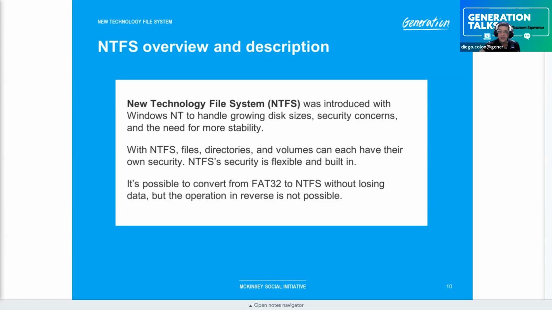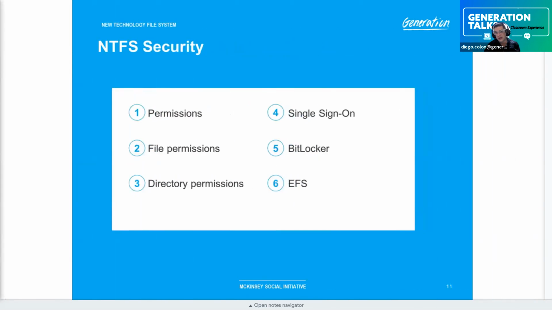Encryption was one of the features that allowed it to go even further. The capabilities that came out further also included single sign-on. Now I don't have to log on to 50 servers anymore. I can go on to one domain server, log on to the domain, and every single server is going to let me in.